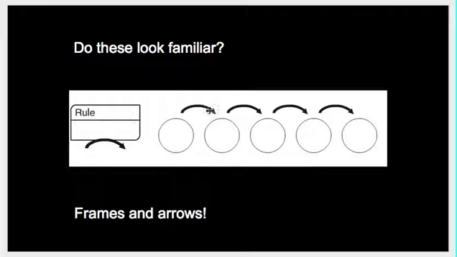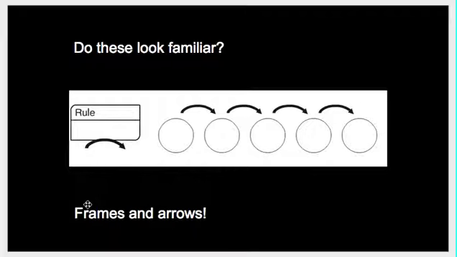And the little arrows that you see above these frames come from our arrow rule off to the side here. And the arrow rule is going to tell us what we need to do to go between each frame. So it's a rule. It tells us what to do.